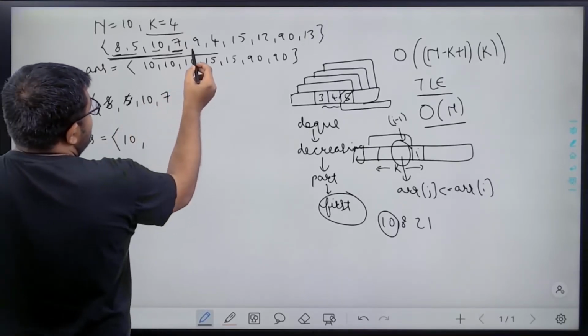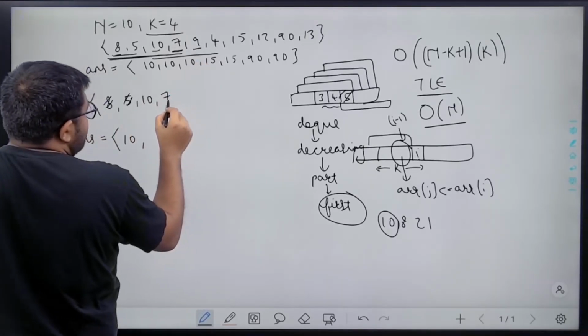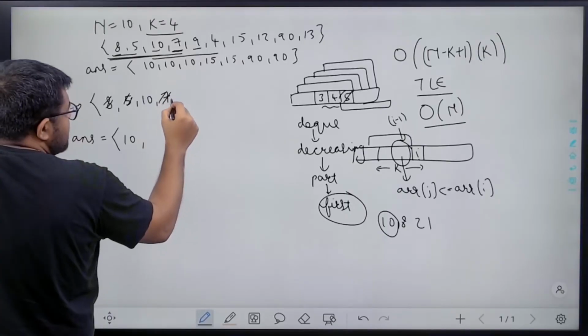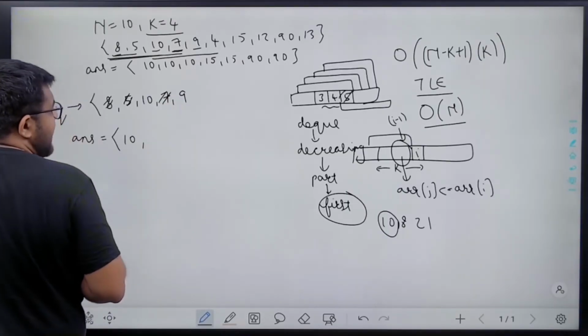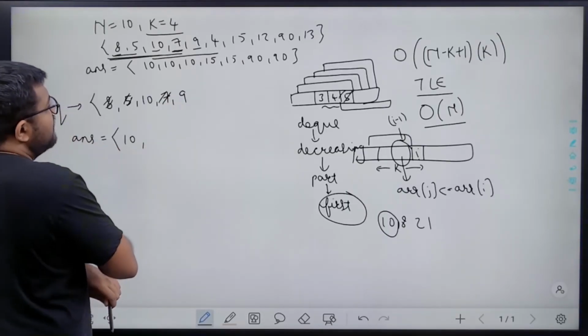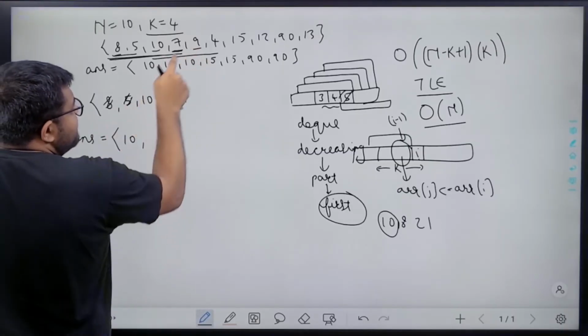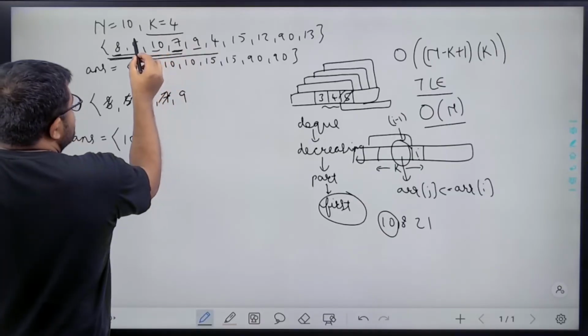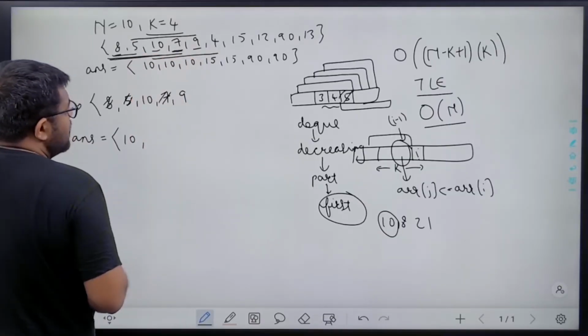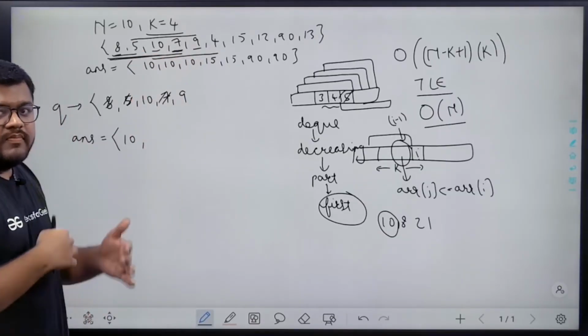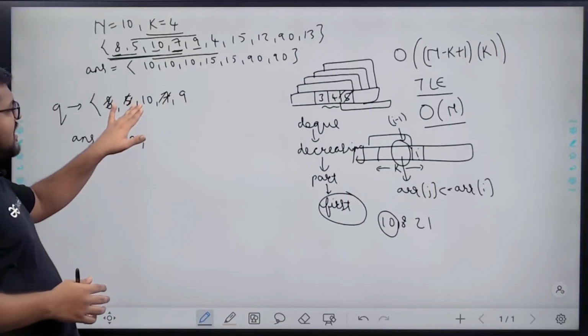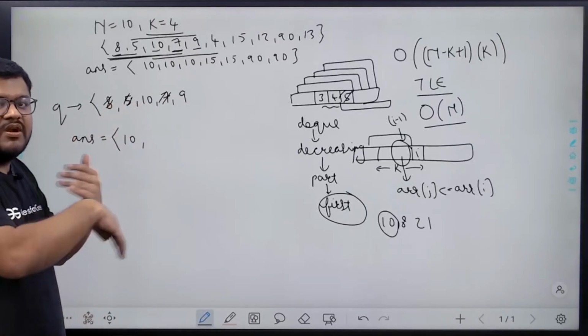Now I will add 9, but 7 is less than 9, so first I will remove 7 and I will add 9. Also, when I am at 9, I am considering a subarray of size k which ends at this index, so it should contain these elements. Why am I noting that down? Because whenever the first element is not a part of the subarray, we need to remove that also.